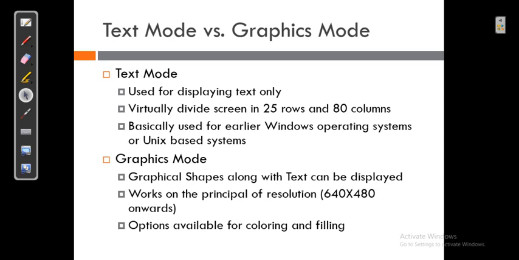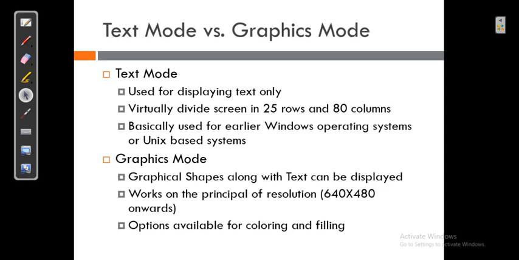But this 640 by 480 is a very basic resolution of aspect ratio 4 by 3, and nowadays none of the monitors will be working on this, though they will support it. So minimum we are working with a resolution of 1086 by 768. That is nowadays the minimum resolution, I believe.